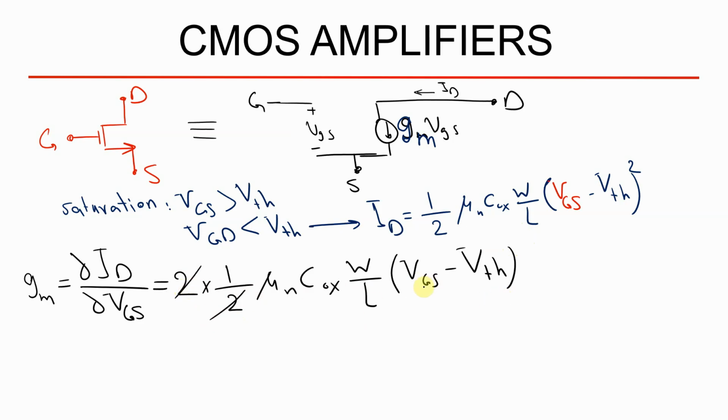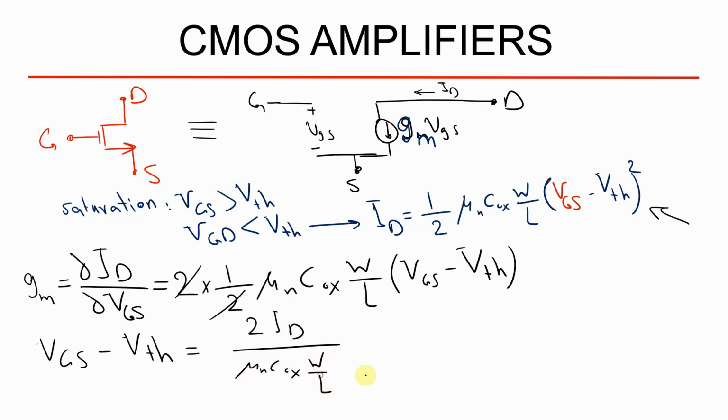This is the basic formula for gm, but we have two other formulas as well. Look at this formula. You can calculate VGS minus V threshold with respect to other parameters, which means that I can write VGS minus V threshold as equal to 2 times ID divided by mu n C oxide W over L, and just take the square root of both sides.